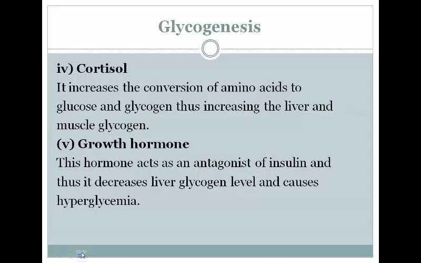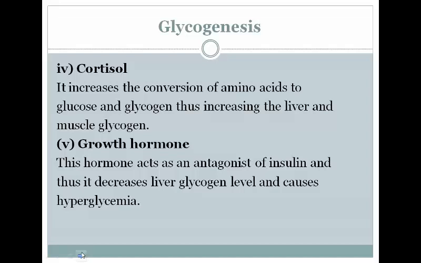Now, the fourth hormone, cortisol. This increases liver and muscle glycogen level because it increases the conversion of amino acids to glucose and glycogen. The fifth one is growth hormone. Growth hormone actually antagonizes the effect of insulin, as insulin increases glycogenesis by its effect on glycogen synthase.